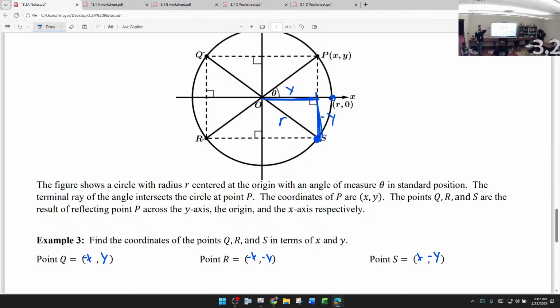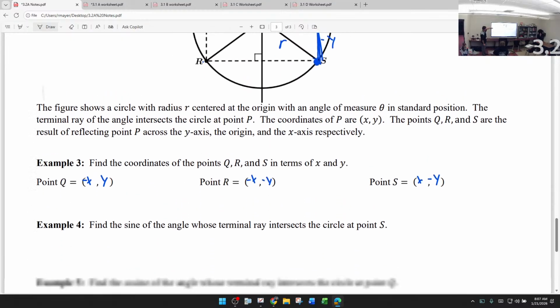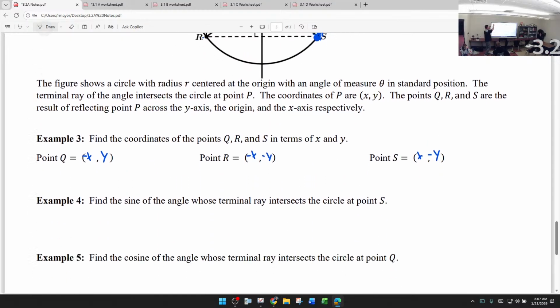You already know sine is negative in quadrant 4 because the duck is underneath the water. It's underneath the water here and here, so it's negative. So what do we get? Negative y over r.